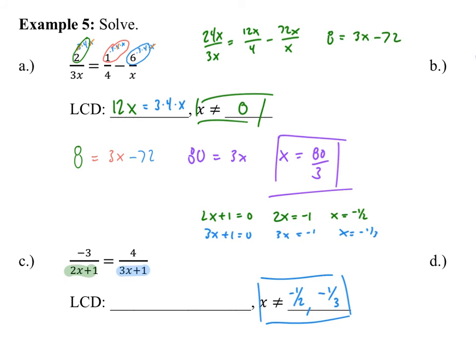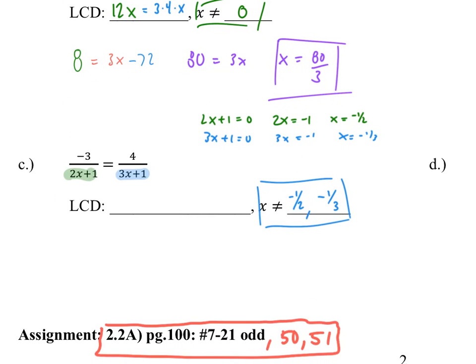Okay, so that's tricky. And so what would the least common denominator be? Well, if they're completely different from each other, the only way to get them to be the same is to multiply them by each other. And so the least common denominator would be 2x plus 1 times 3x plus 1. It's kind of like if I said, hey, you have 1/5 plus 2/7.